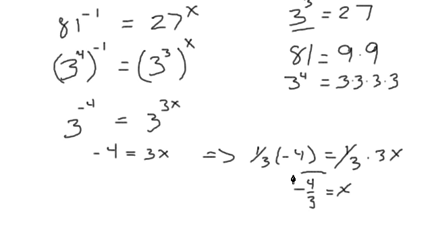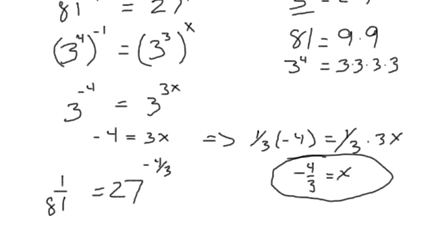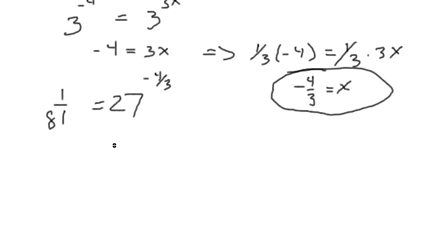Alright, and of course you can take that and plug it in up here to see if that's going to be 1 over 81. And because this is a negative, we can take this now and rewrite it with a positive exponent.